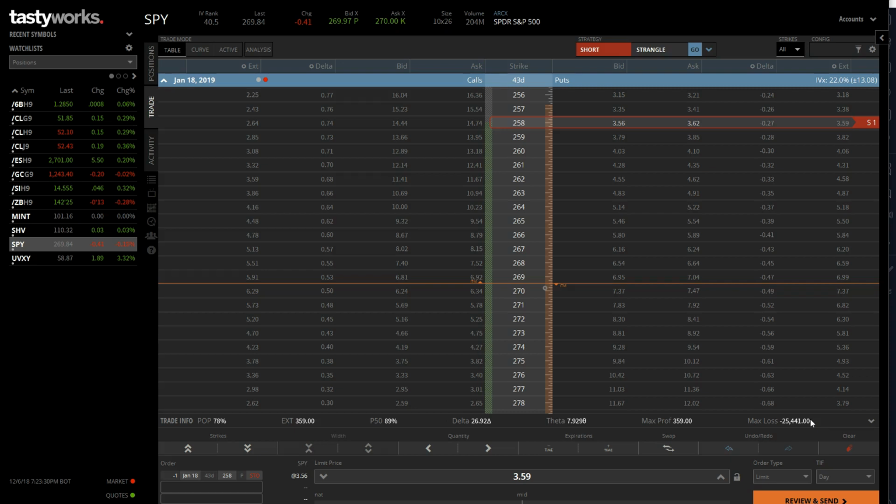But in reality, what it's saying is that if you get assigned and SPY goes to 0, that's how much you will lose. And of course, it's not realistic. It's not going to happen. But still, it's good to understand, and they put it over there just to help you out. But the good thing about this platform is that here you can see the probabilities.